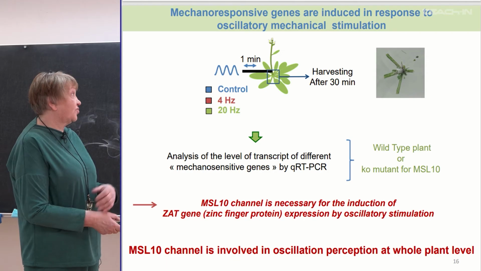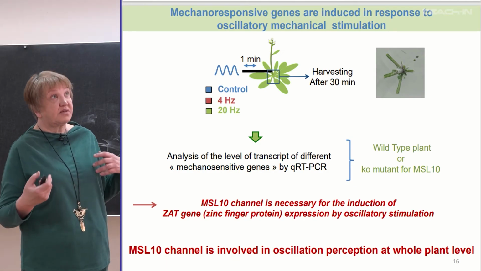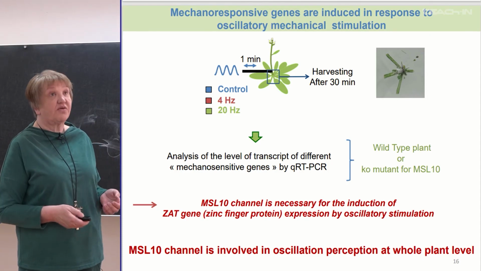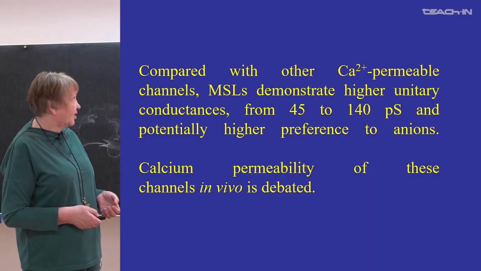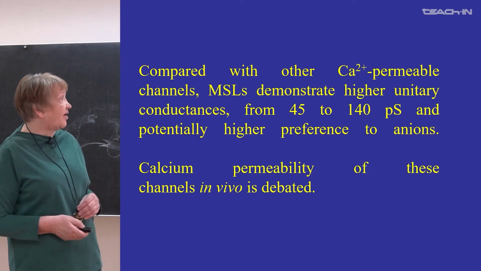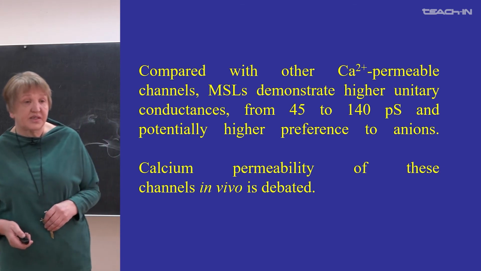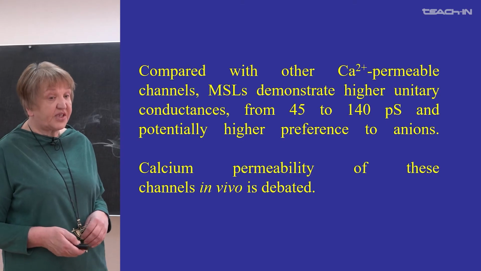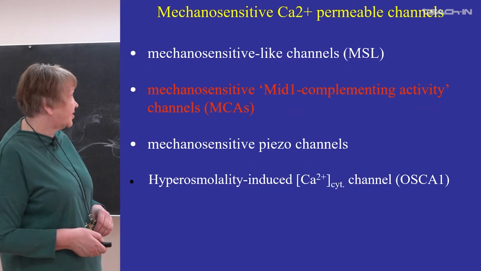So it shows you that this mechanosensitive channel might be involved in regulation of gene expression. They have high unitary conductance, and potentially higher preference to anions.